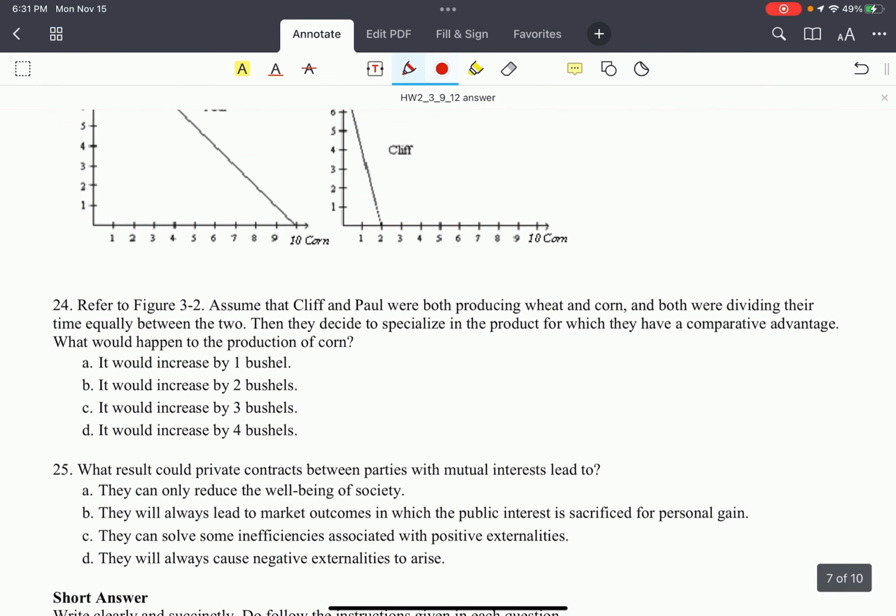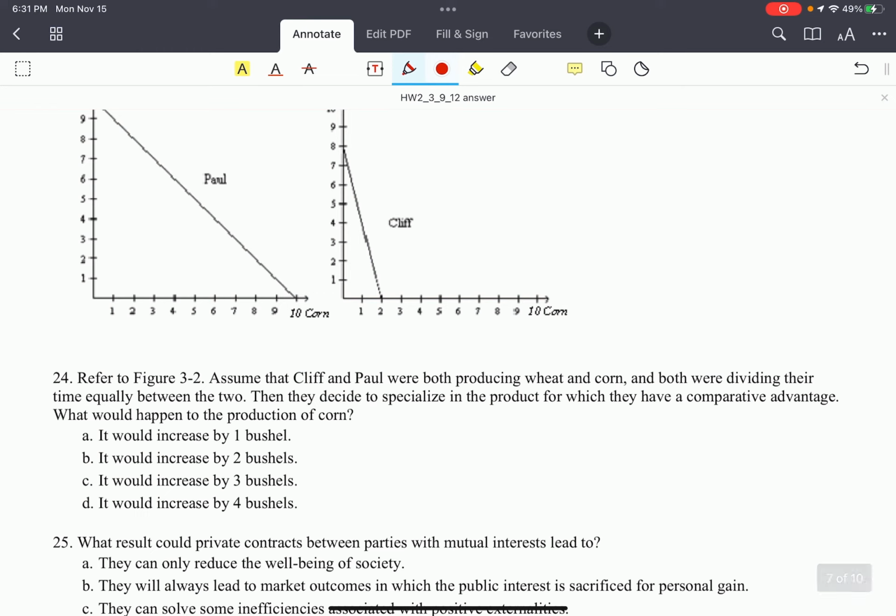Okay, 24. Assume Cliff and Paul were both producing wheat and corn, and both were dividing their time equally between the two. And they decide to specialize in the product for which they have a comparative advantage. What would happen to the production of corn?